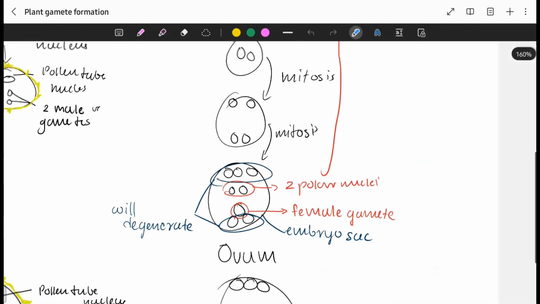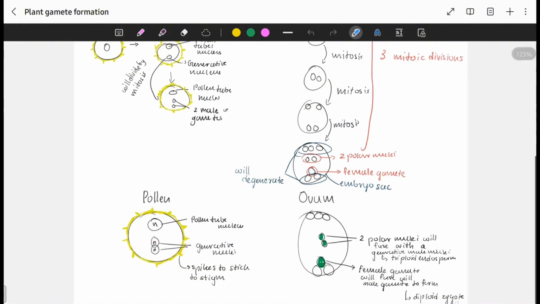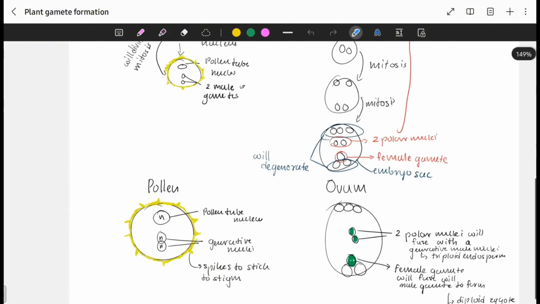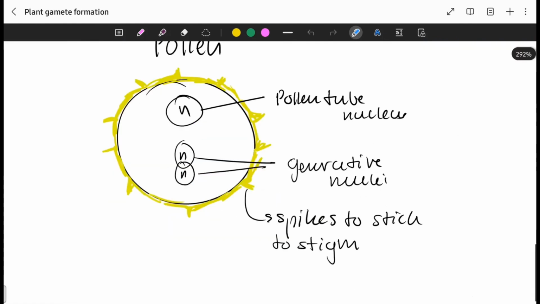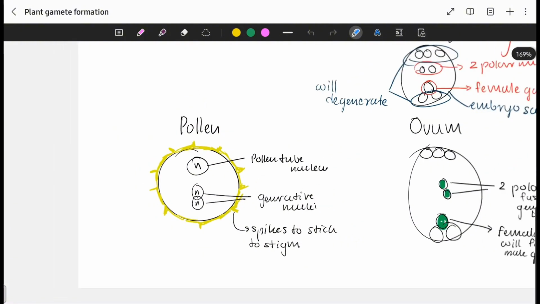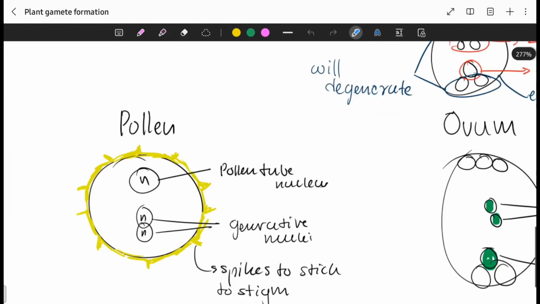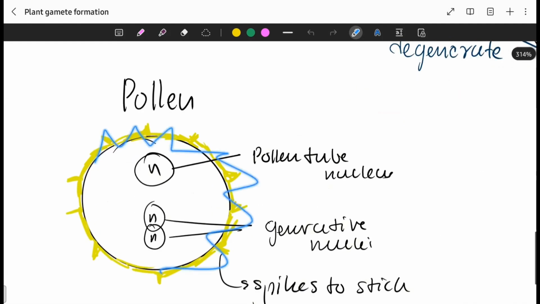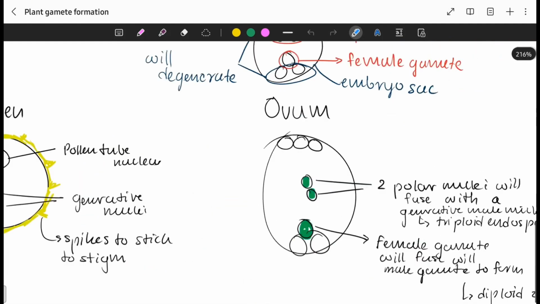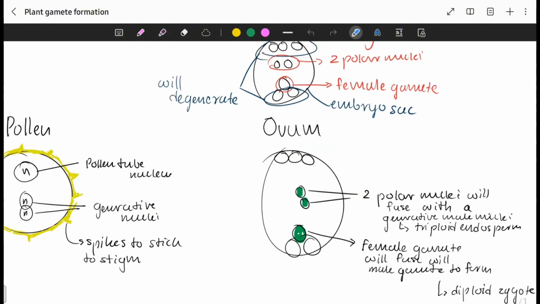So the pollen and the ovum: here we can see the pollen tube nucleus and the 2 generative nuclei. The covering or membrane has spikes, and that will help it stick to the stigma. For the ovum, it will have 2 polar nuclei, and they will fuse with a generative nucleus to form the triploid endosperm.